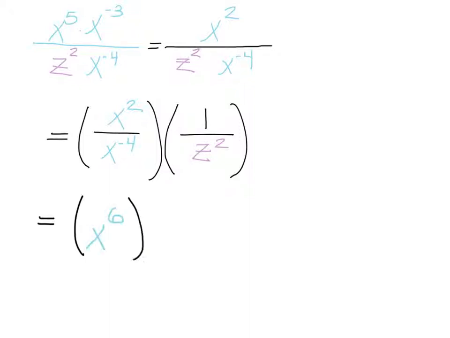And then 1 over z squared, I could write that if I wanted to as z to the negative second. And so I've taken a really complicated expression, employed some rules that I've learned, gone through some steps, and gotten to a far simpler and easier to read expression.